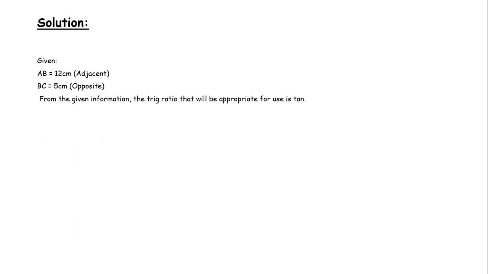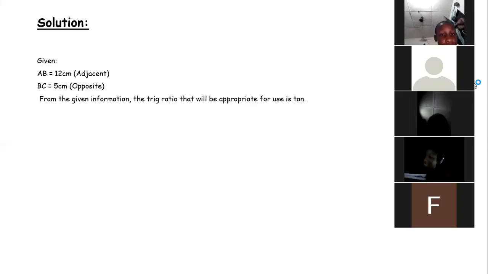Now, what we do is combine all this information we're given and the side we want to find and determine which trigonometric function will be appropriate to use. For this question, we have the adjacent and we have the opposite.